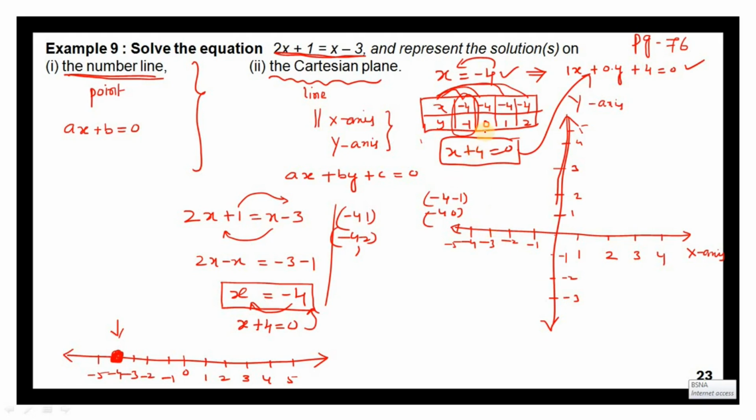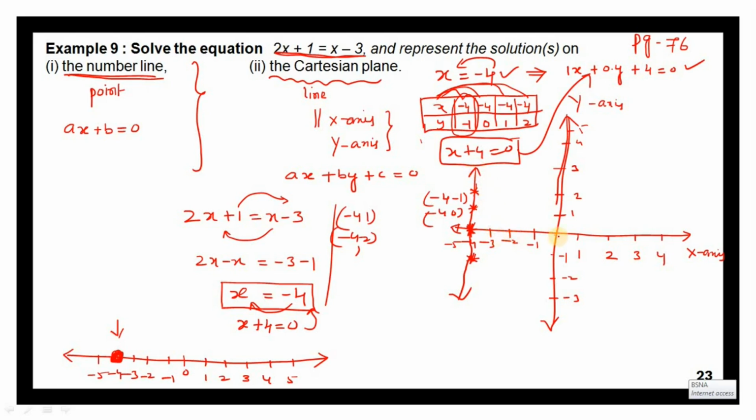I will represent them in the Cartesian plane. (-4, -1) will come in the third quadrant. (-4, 0) is on the negative side of the x-axis. (-4, 1) is in the second quadrant. (-4, 2) is in the second quadrant. If I join all the points with a scale, here it is a line.